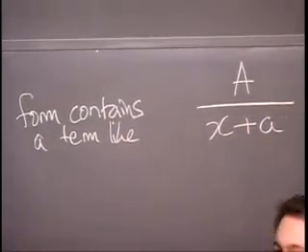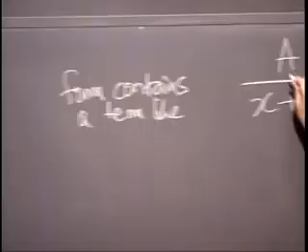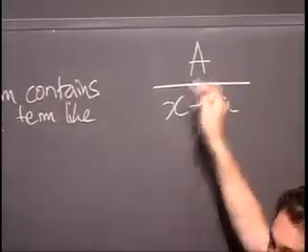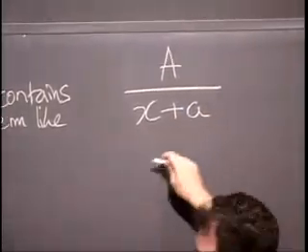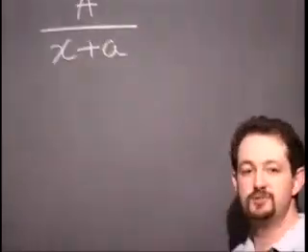So what do I mean by this? Well, if there is a factor x plus a, you have to write down capital A or some other capital letter, and I'll tell you how to decide this in a few seconds, divided by this linear term, x plus a. So just go with it for a little bit, and we'll see where it leads.